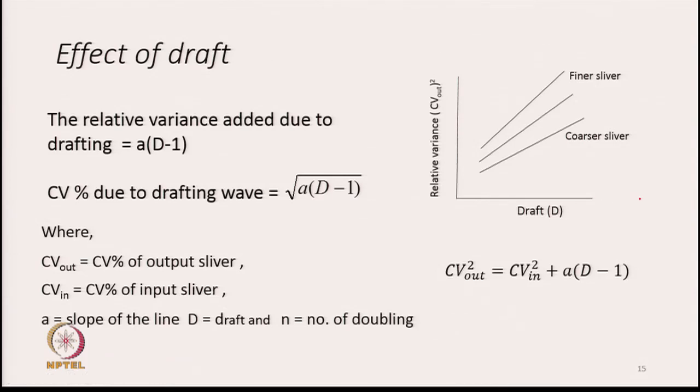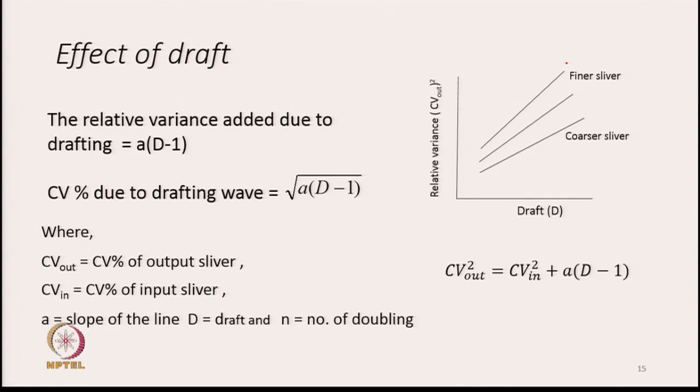On the x axis we have draft, on the y axis we have relative variance, and three lines are shown here. We see that as we go on increasing the draft, the relative variance is increasing, and as we go from coarse to finer sliver, the slope is becoming more and more. The equation of this line is a straight line, because it is linear in nature.